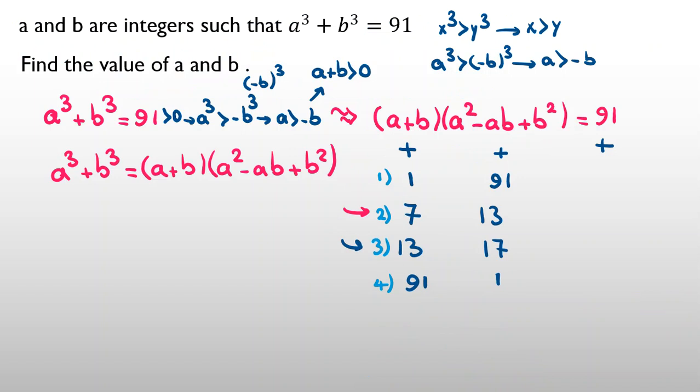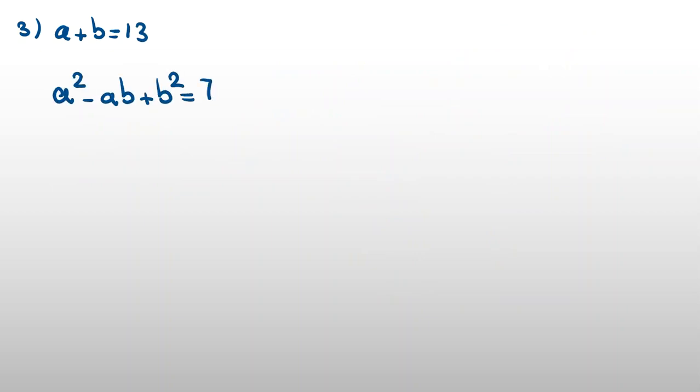So case 3. a plus b equals 13, and a squared minus ab plus b squared equals 7. So again, if we use the same way, b equals 13 minus a, if we subtract a from both sides.